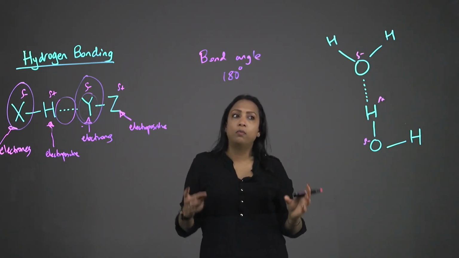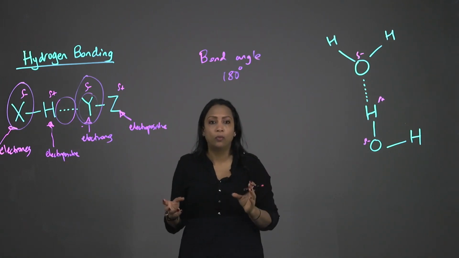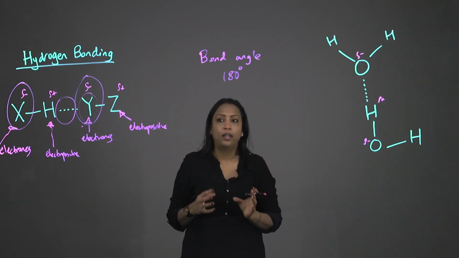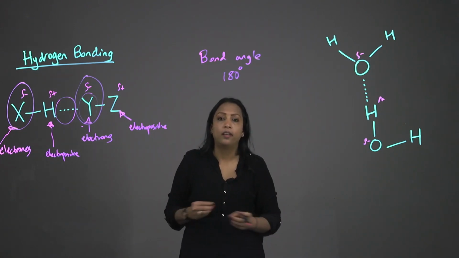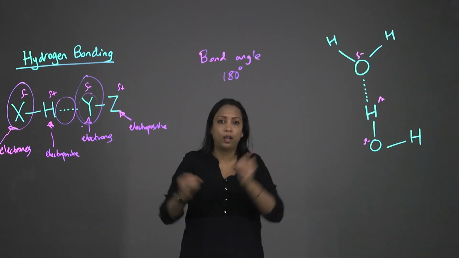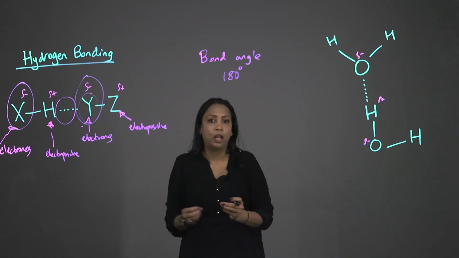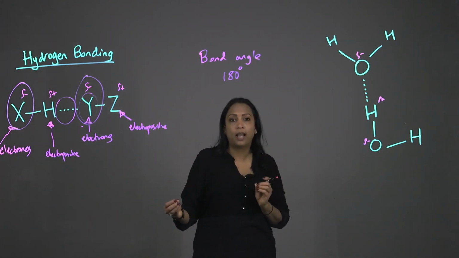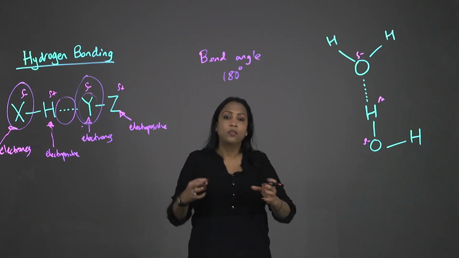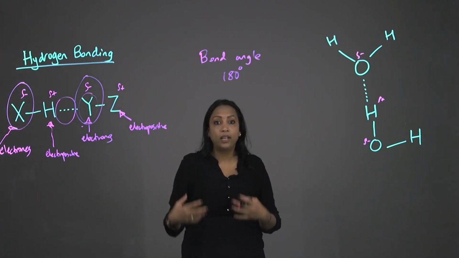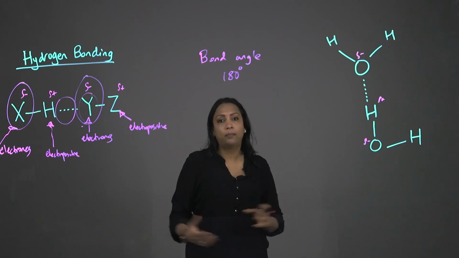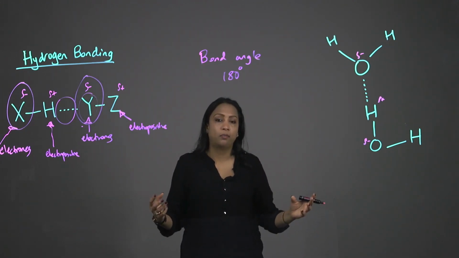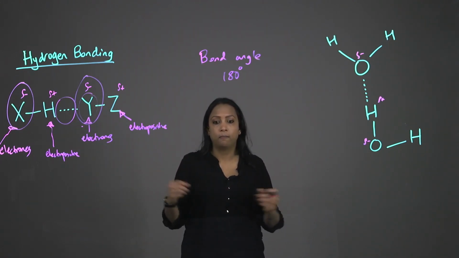So the reason why hydrogen bonds form in this linear way is because when these three atoms are in a straight line, there is maximum overlap of my orbitals. And when I have maximum overlap, the bond is stronger. So the atoms generally tend to arrange themselves in a linear way so that I have maximal overlap and the strength of my hydrogen bonds is at its greatest.